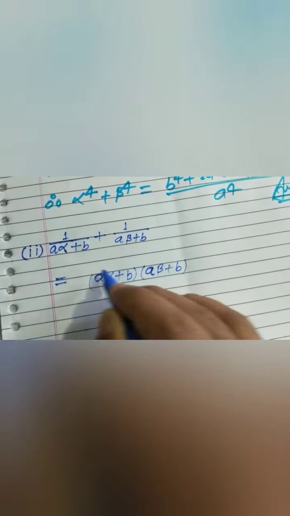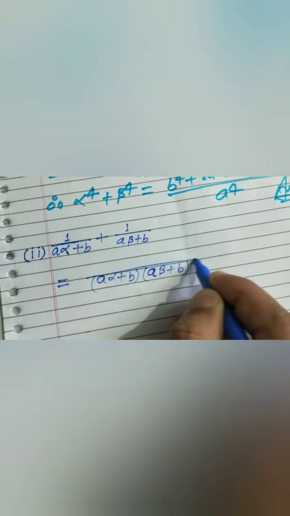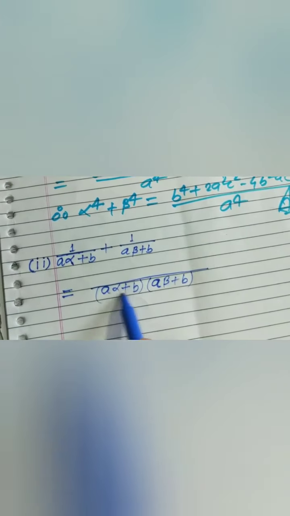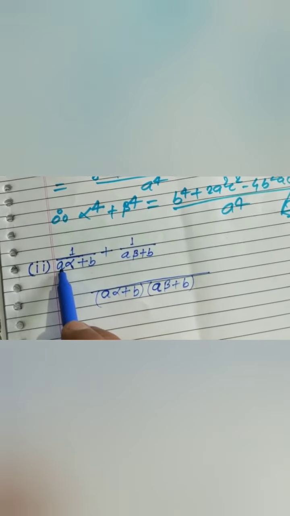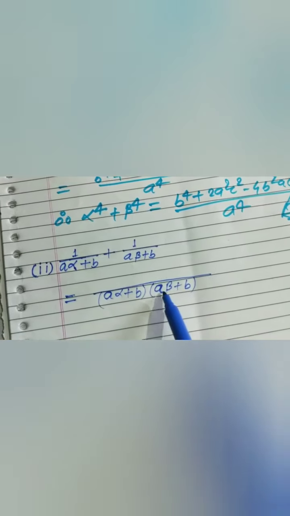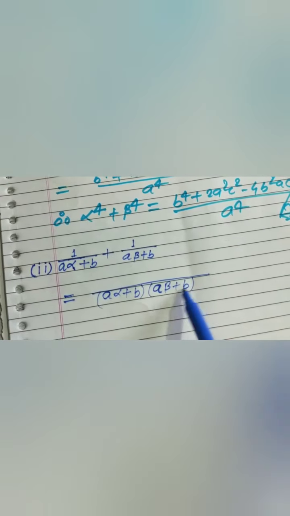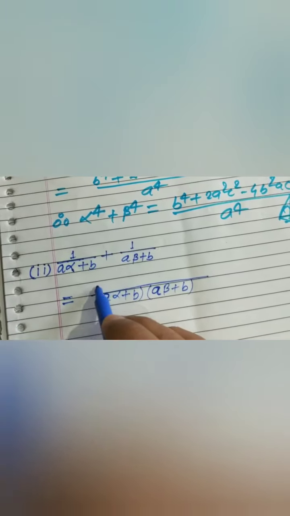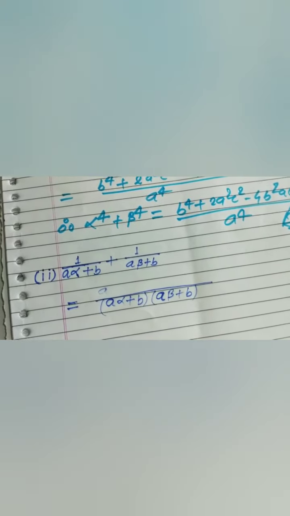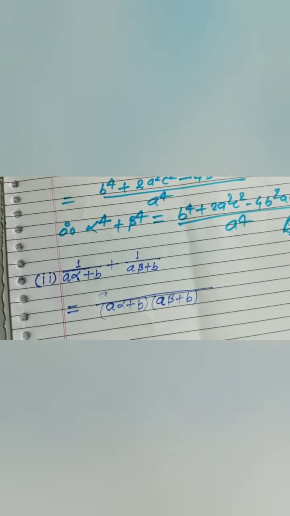This is the LCM. Now a alpha plus b will cancel with a alpha plus b, then a beta plus b will be left, and a beta plus b multiplied by 1 will be equal to A beta plus B.